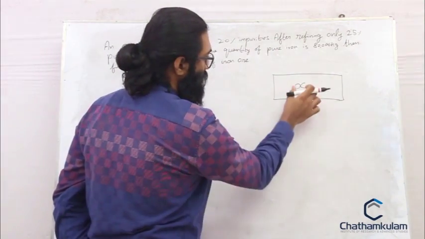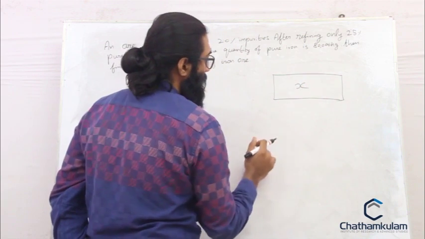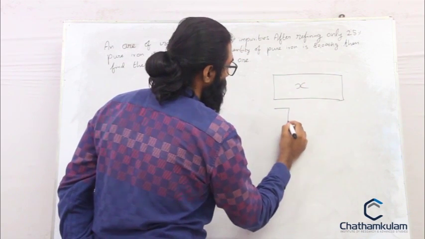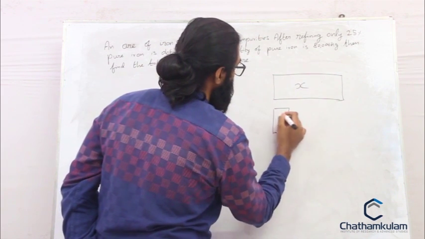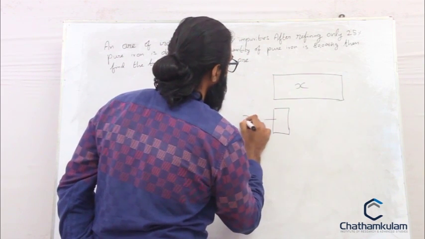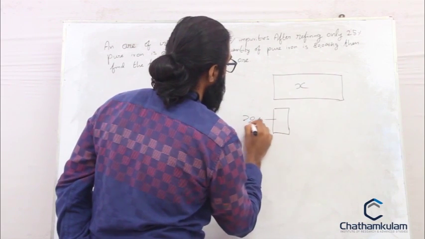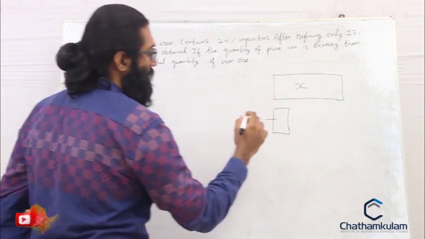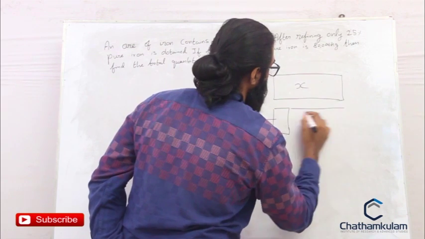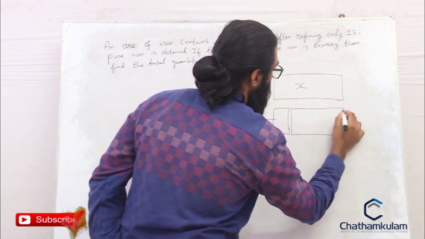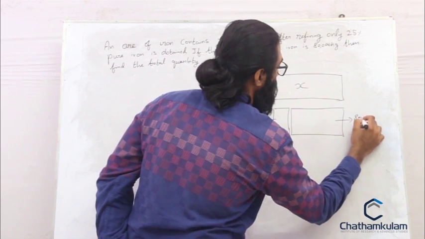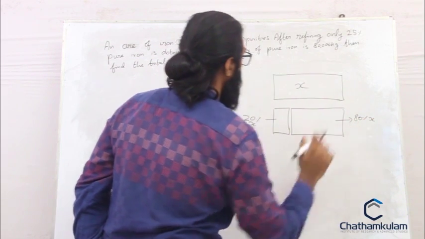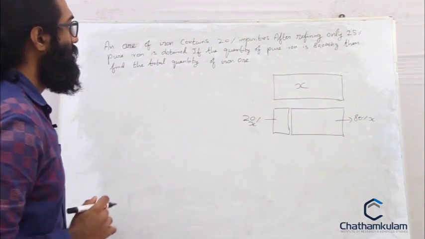Okay, of this total quantity X, it contains 20% impurities. That is, you can say 20% of X is impurities. That means the rest 80% of X is non-impurities.